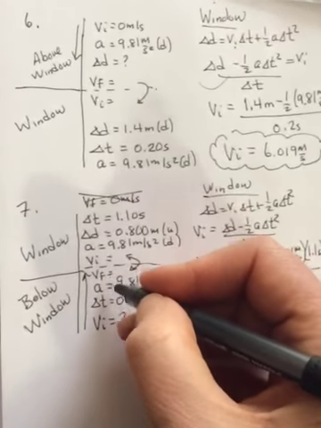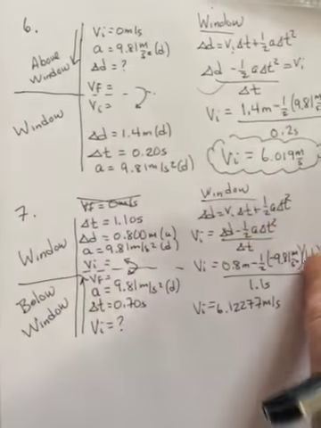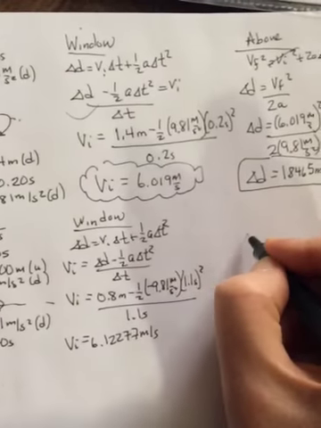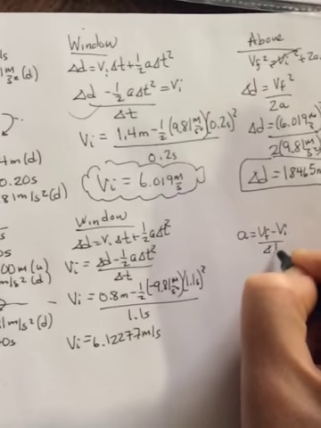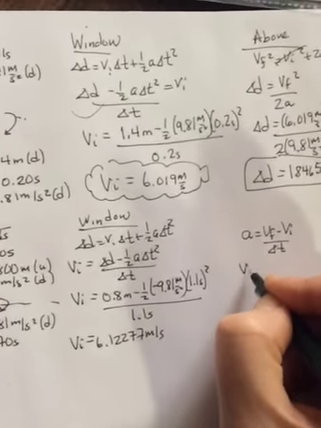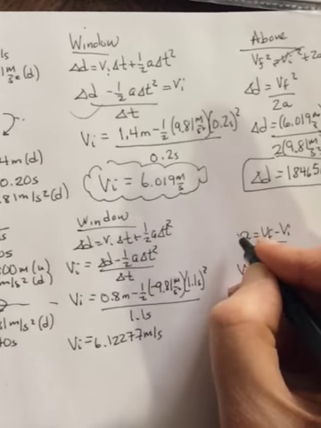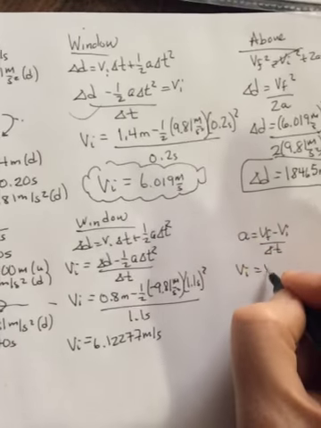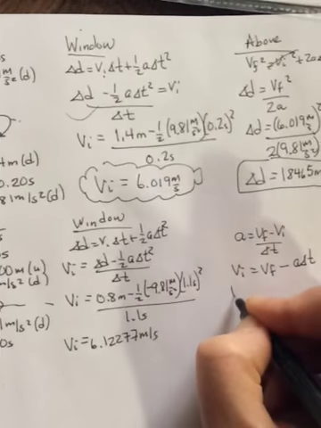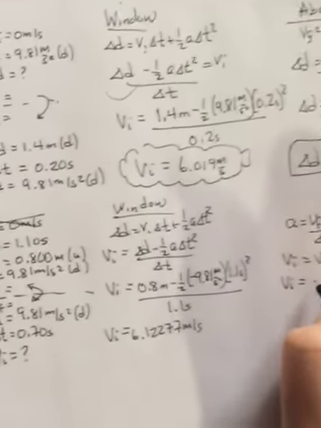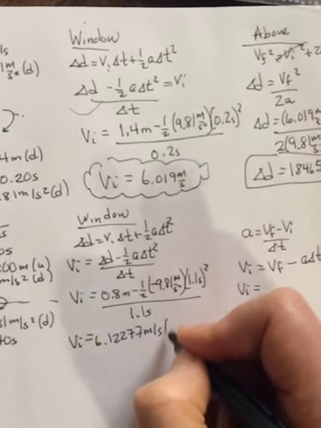So we have a VF, an A, a delta T, and we want a VI. So I would think you'd want to use A equals VF minus VI over delta T. And you're looking for VI. So multiply by delta T and bring it over. So VF minus A delta T. So VF was this, and this is up.